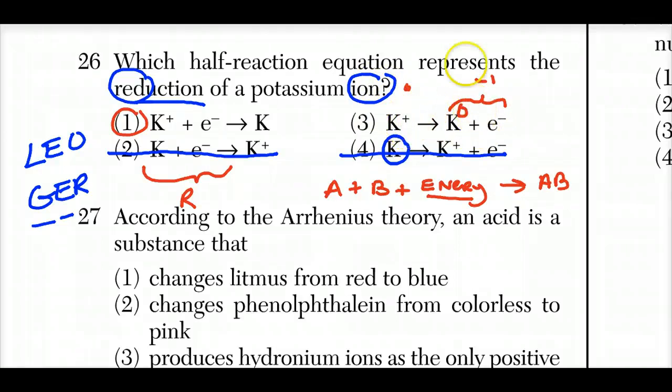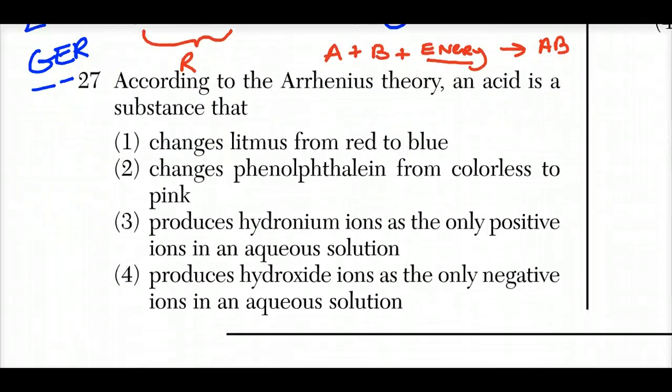In fact, if it was correct, this K would have to be K plus 2, if you think about the charge. If K plus was to lose an electron, this would become K plus 2. But that would be oxidation. And by the way, if you look on the periodic table, K can only become plus 1. So for many reasons, this is not the answer. 26 is 1.